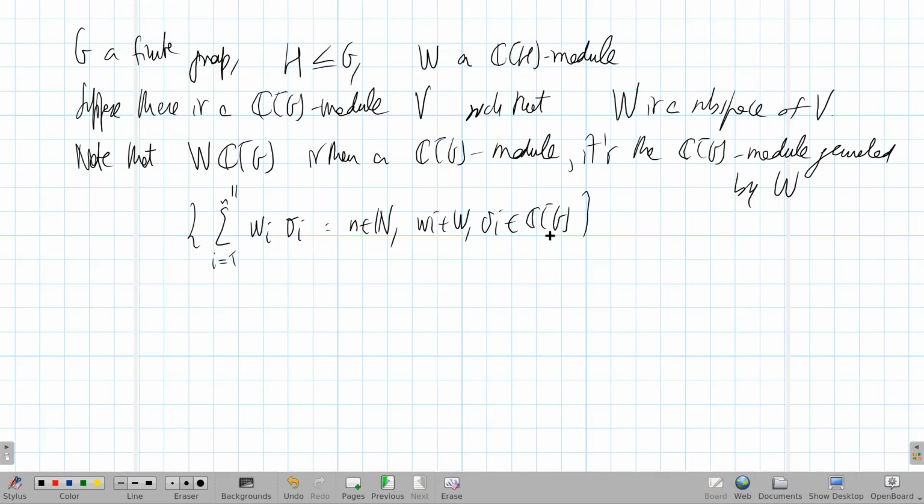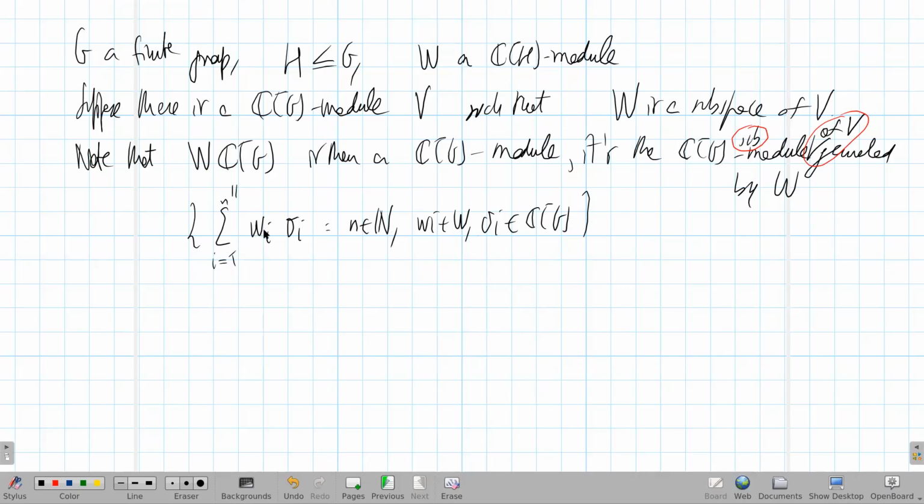It's rather easy to see that any CG submodule of V, if W is contained in a CG submodule of V, then it contains this.